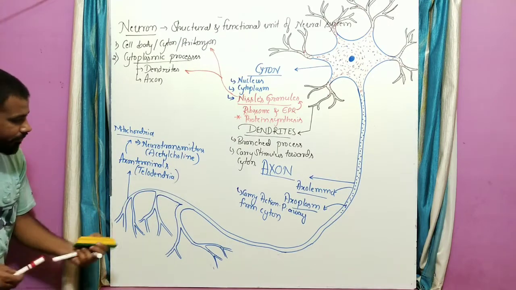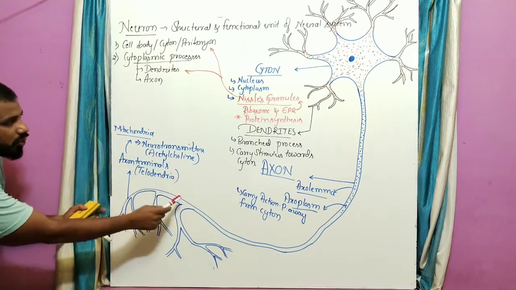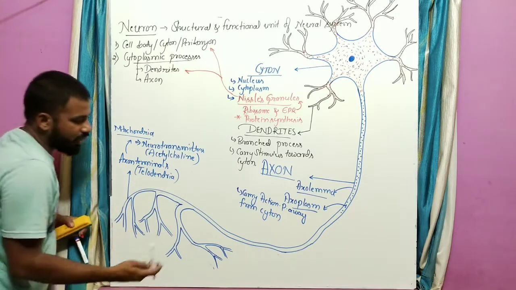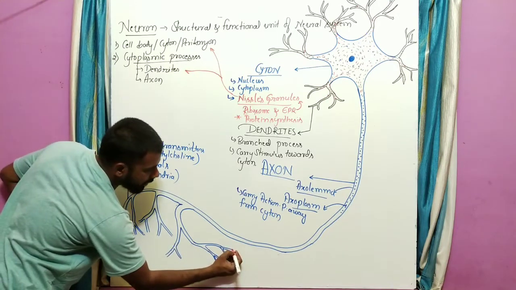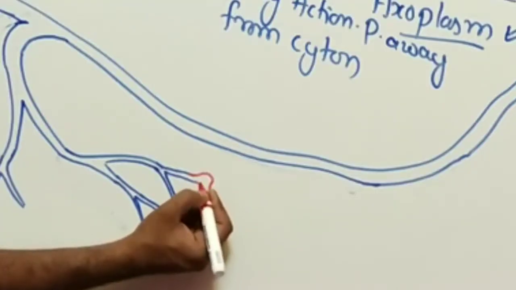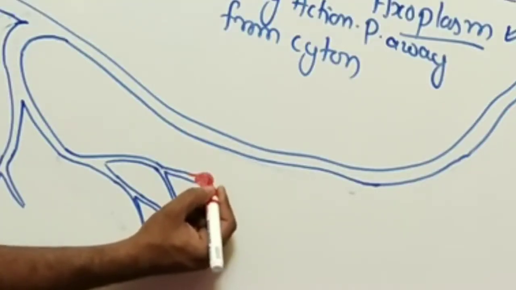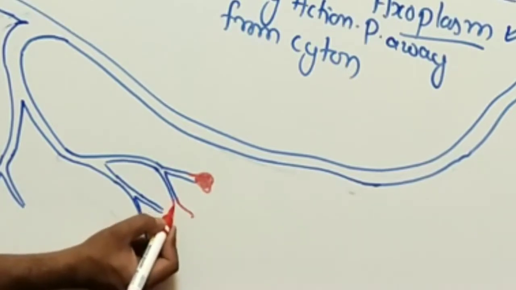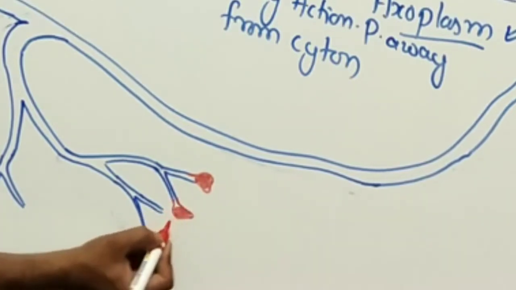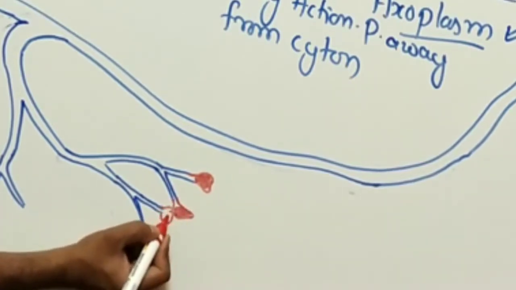And again these axon terminals end with bulb-like structures called synaptic knobs. So here these structures are synaptic knobs.